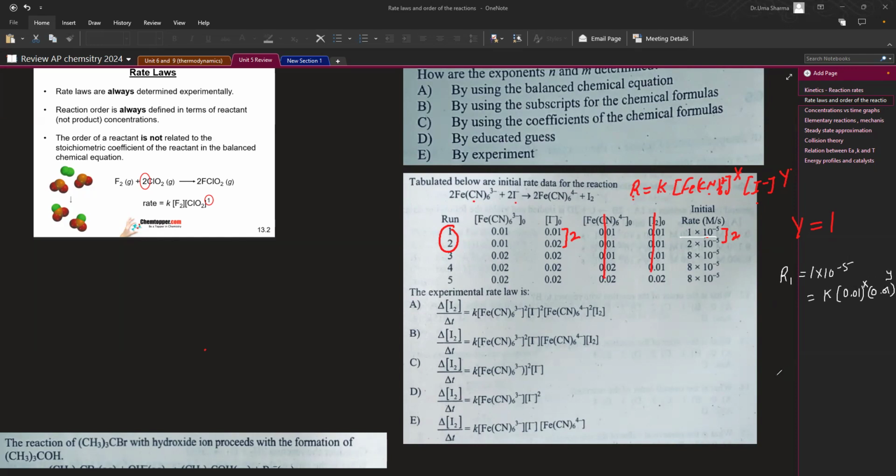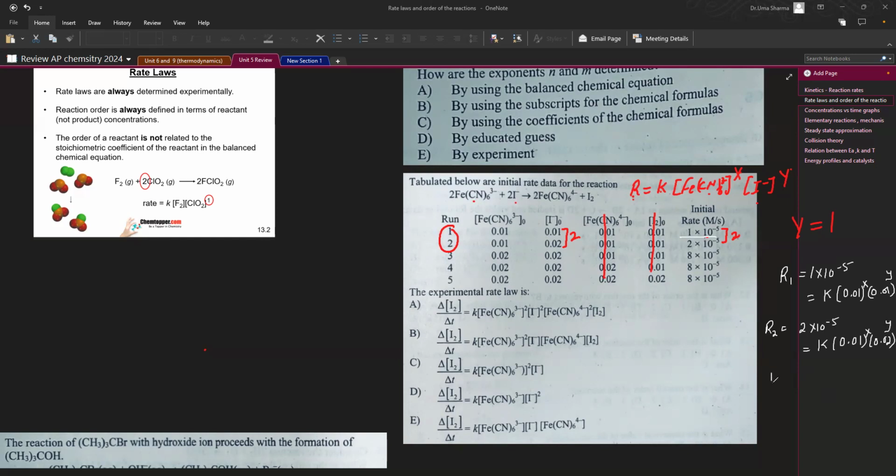This is rate 1. Get the rate 2. Second experiment: 2 times 10 raised to power minus 5 is equal to K times concentration of Fe(CN)6, which is the same, and this is 0.02 raised to power y.